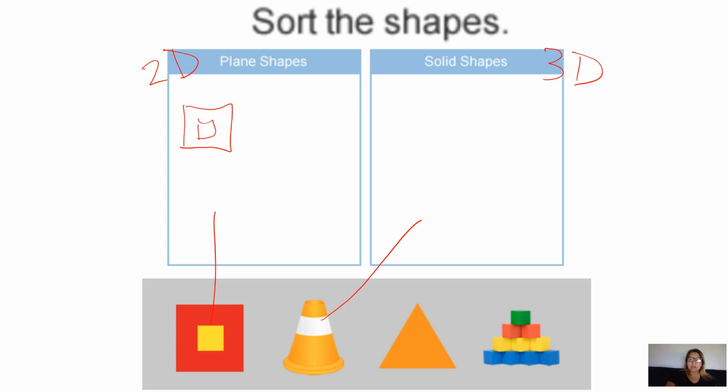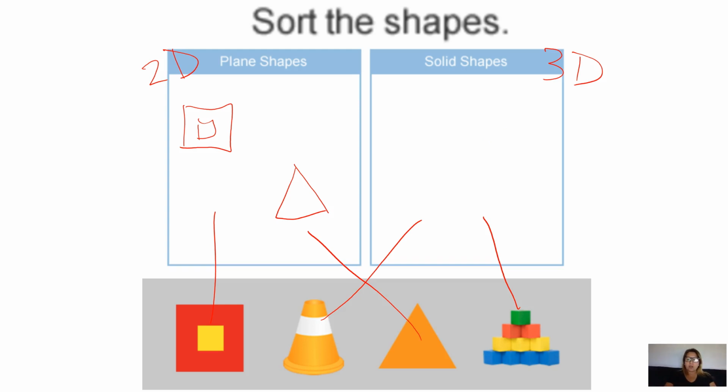The next thing that we see is a triangle. We can easily draw a triangle, and therefore that is a plane shape or a 2D shape. The last thing that we see here is a pyramid of cubes. We've learned that cubes are 3D shapes, so those would go with the solid shapes.